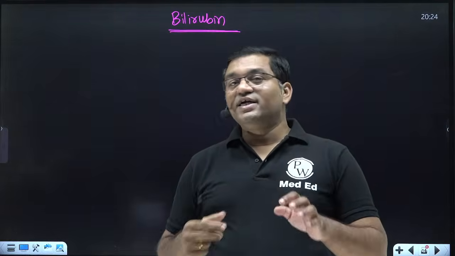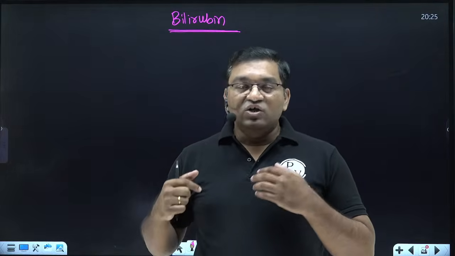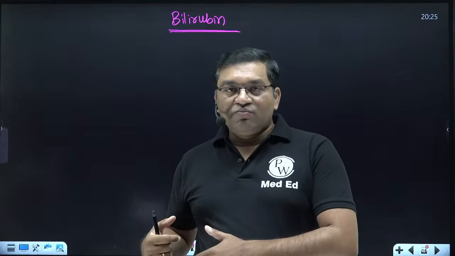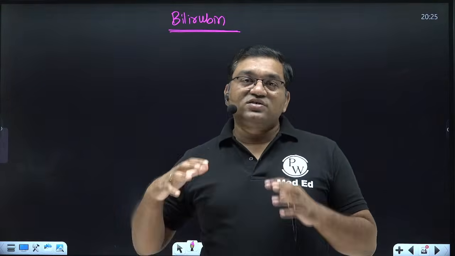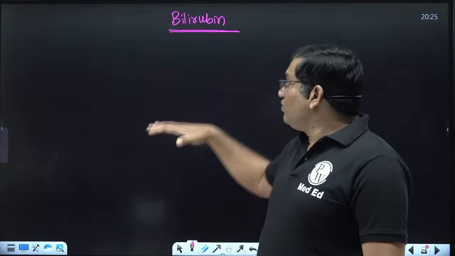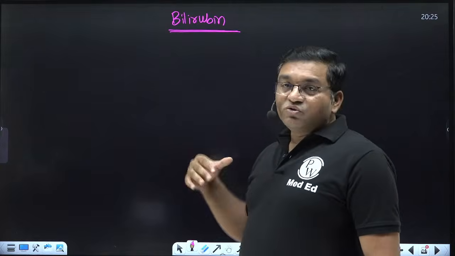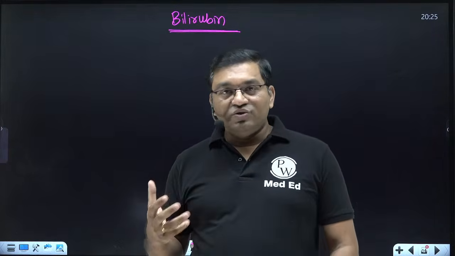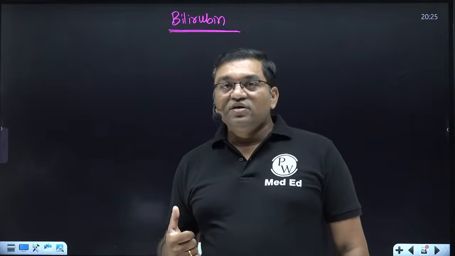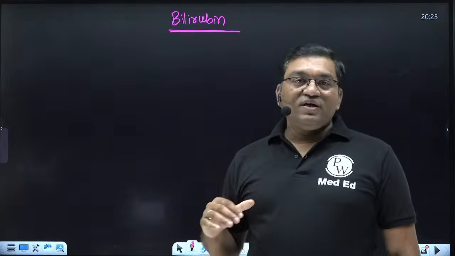Bilirubin, the heme degradation pathway or bilirubin synthesis or bilirubin metabolism: how bilirubin is produced in our body, how it is transported, what is the meaning of direct bilirubin, indirect bilirubin or conjugated, unconjugated bilirubin, and in which disorders the bilirubin level increases.